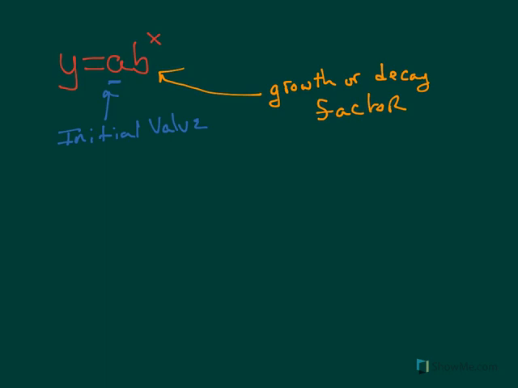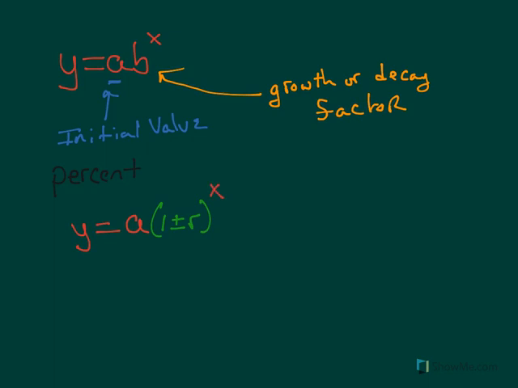So to determine your growth factor when you're given a percent, it's going to be the same basic form. y equals, you're going to have a start value, but to determine the b, the base, it's going to be 1 plus or minus whatever your percent rate is as a decimal, raised to, again, whatever the power is.